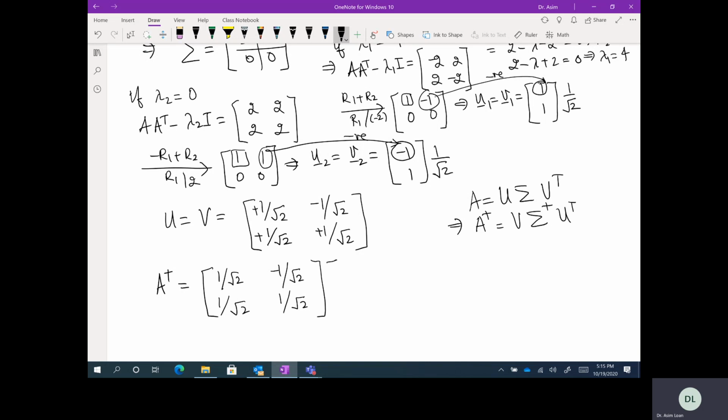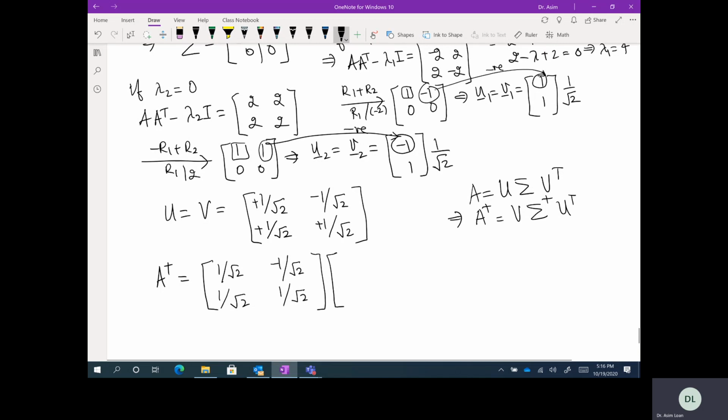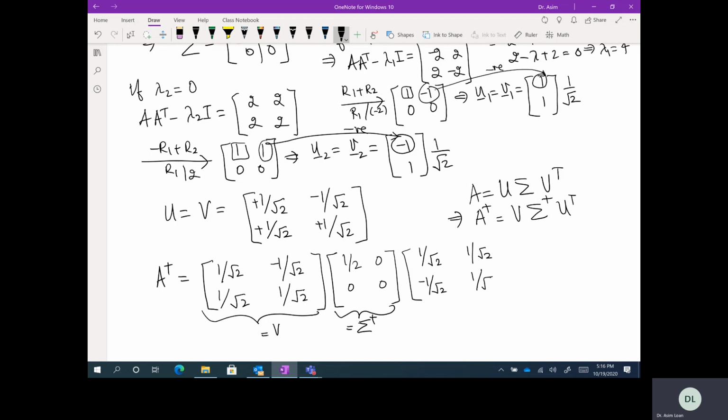Sigma plus is simply the inverse of this one, so it's 1 over 2, 0, 0, 0. And then my U transpose is the transpose of this one: 1 over root 2, minus 1 over root 2, 1 over root 2, 1 over root 2.